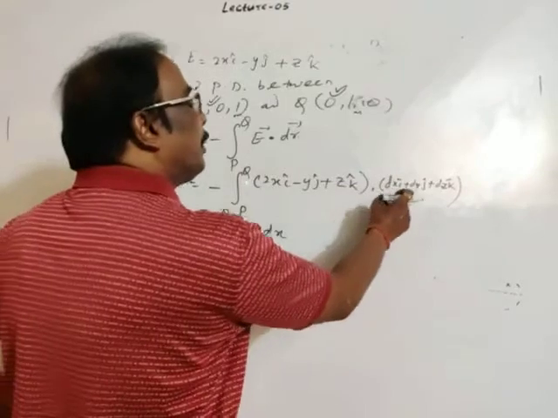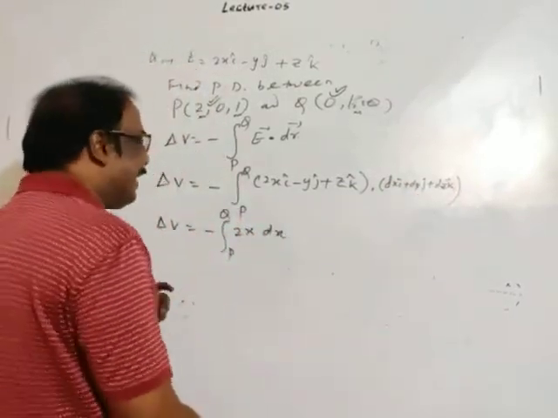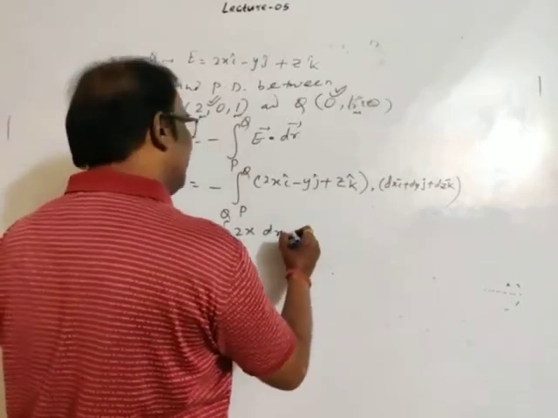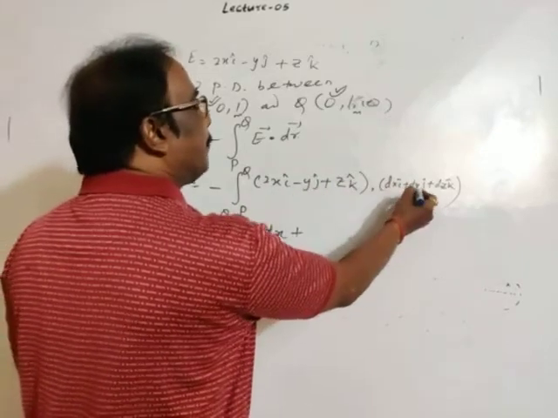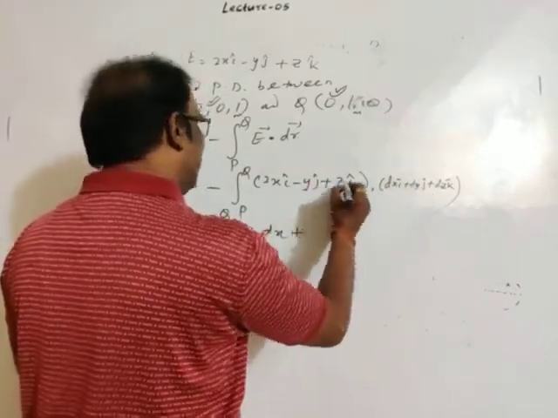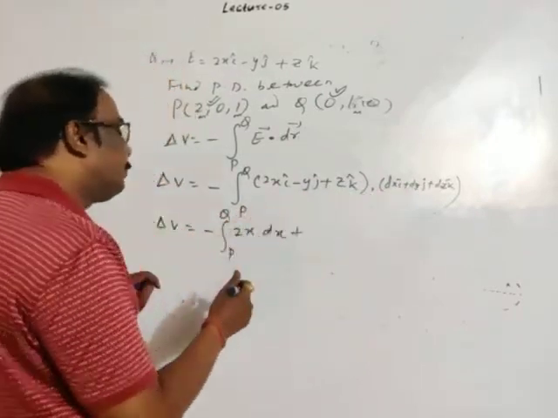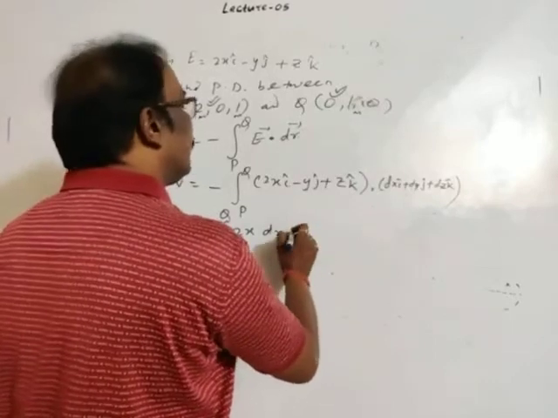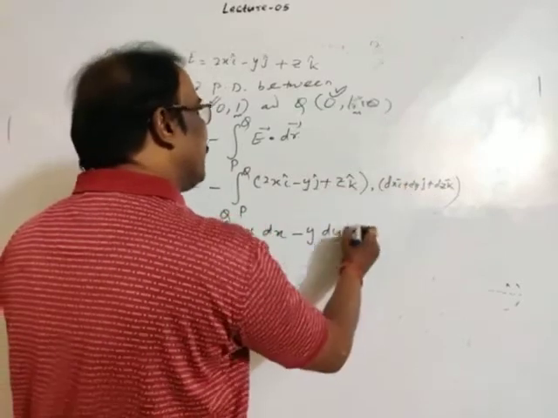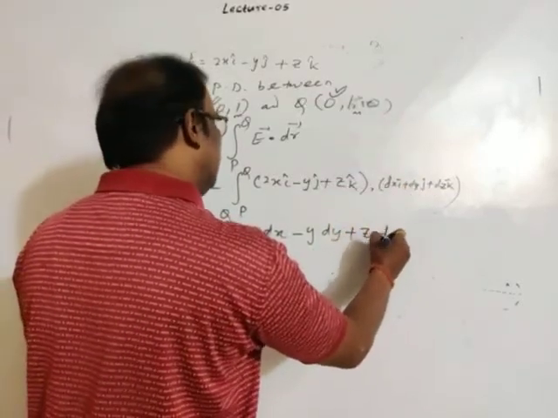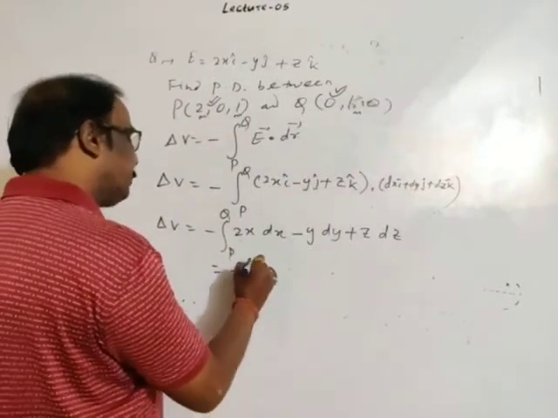Then 2x i cap dot dy j cap is 0, dot dz k cap is 0, since i dot j is 0 and i dot k is 0. Plus, similarly, minus y j cap dot dy j cap gives minus y dy, j cap dot j cap is 1, similarly z dz.